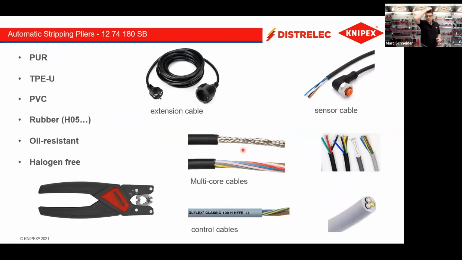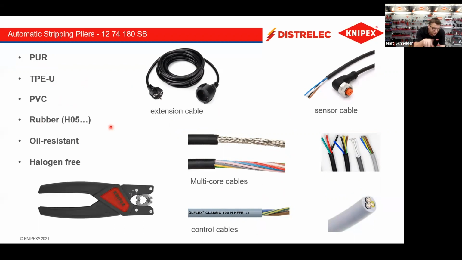So the next tool is a real problem solver, in my opinion. We are talking about stripping the outer sheath of multi-core cables, for example extension cable, multi-core cable, control cable, sensor cable. These cables can have different types of insulation material like PUR, TPU, PVC, rubber.